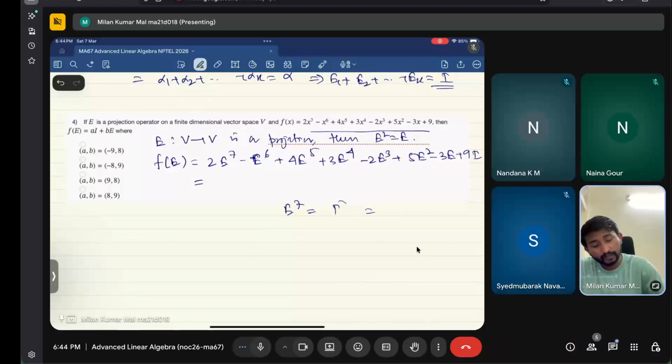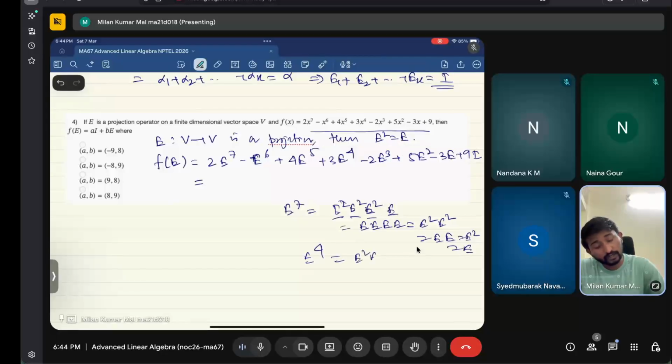You can break it like E square, E square, E square, E, and since E square is E, all of them are E, so you'll get E again. And for the even powers, for example E to the power 4, that is E square times E square, which is E. So what you got is that even or odd doesn't matter. Every time it will be E, except E to the power 0. That is identity, which is a separate thing.